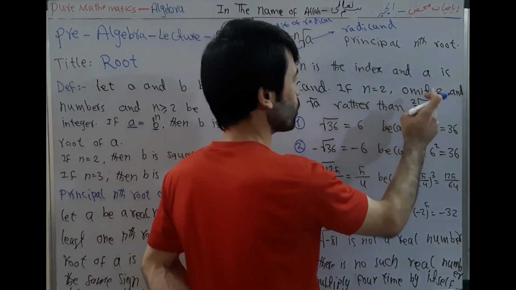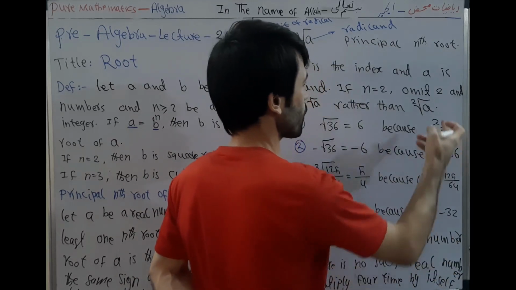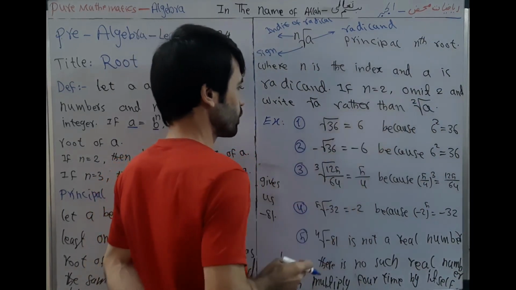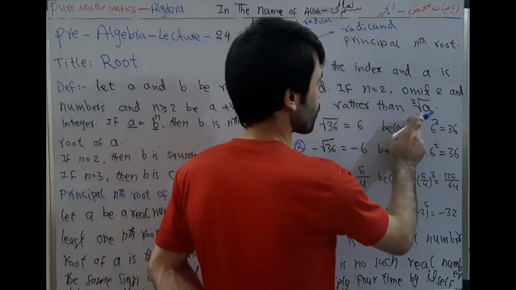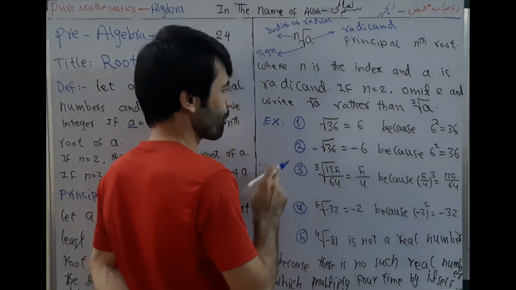If n is equal to 2, we omit it. Usually we do not write 2 and write square root of a.